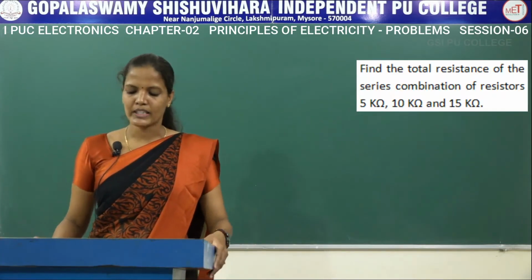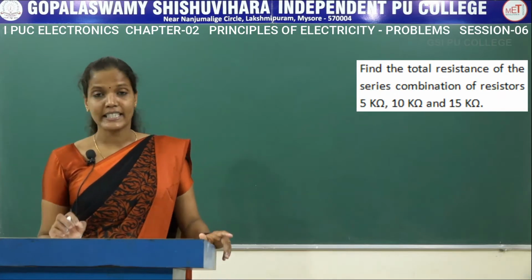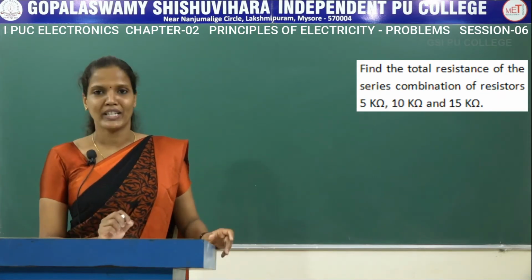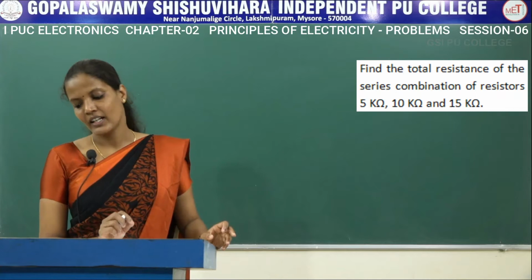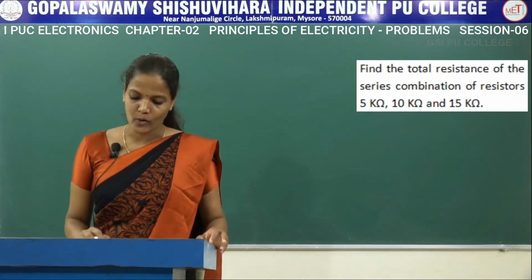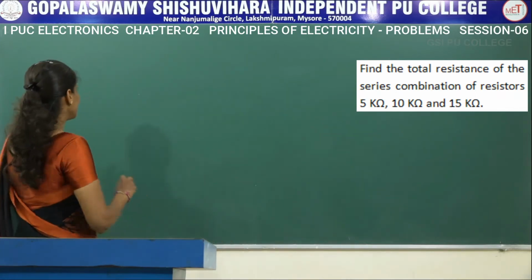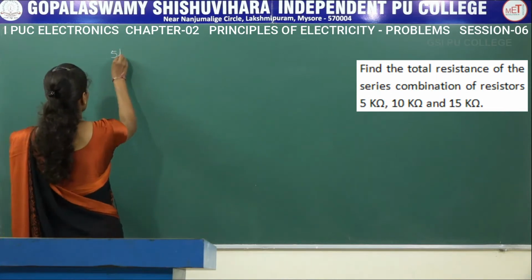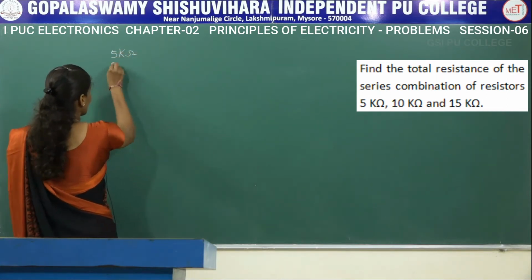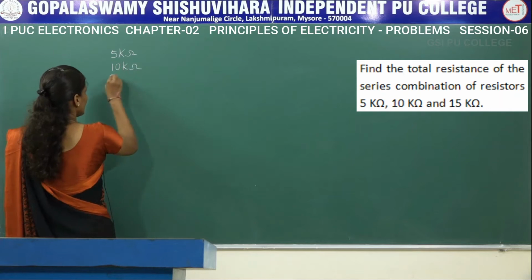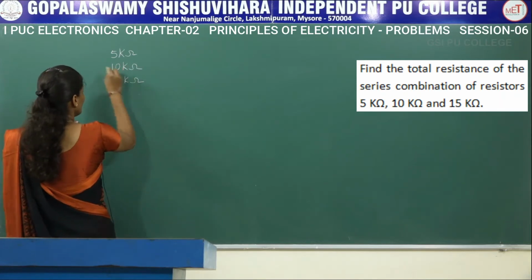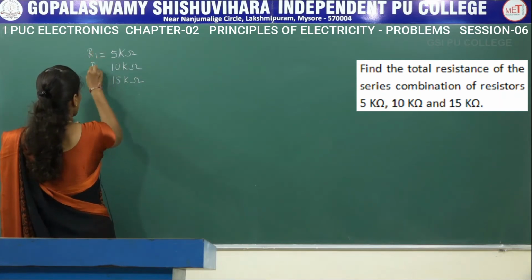The first problem is find the total resistance of series combination of resistors 5 kilo ohm, 10 kilo ohm and 15 kilo ohm. They have given three resistors whose value is 5 kilo ohm, 10 kilo ohm and 15 kilo ohm. Let us name these resistors as R1, R2 and R3.